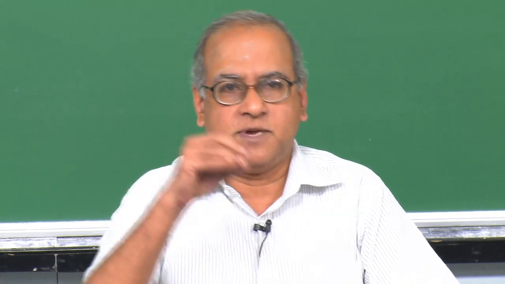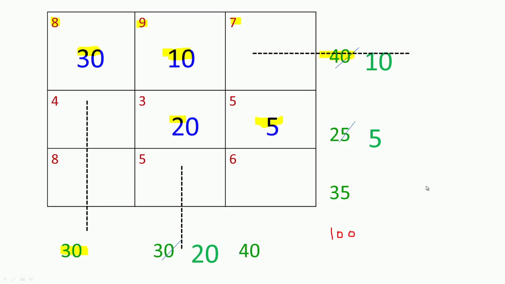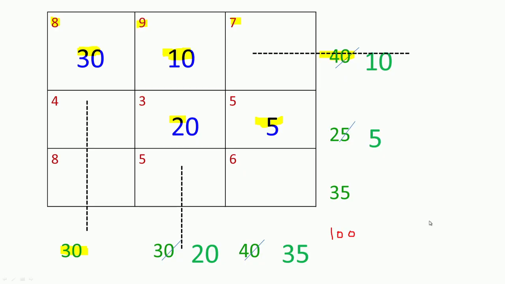We try to put as much as we can, which is the minimum between 5 and 40, and therefore, we allocate 5 to this position. When we allocated 5, this 5 has been met entirely, and out of this 40, 5 has been met. So, the balance remaining is 35.